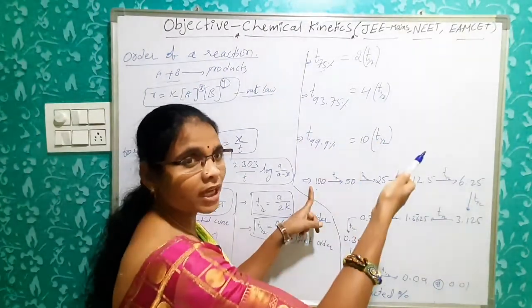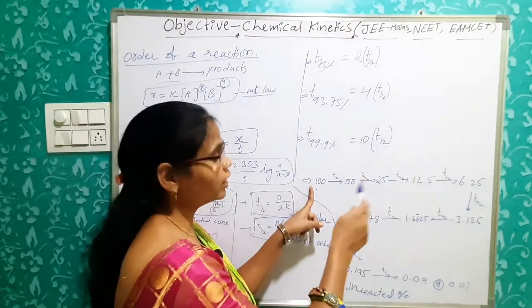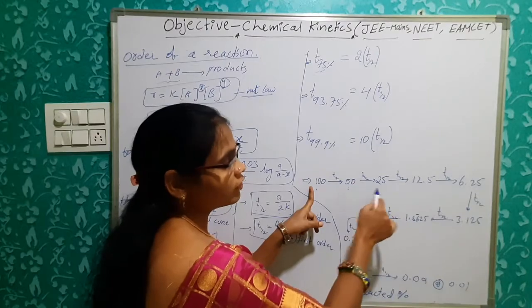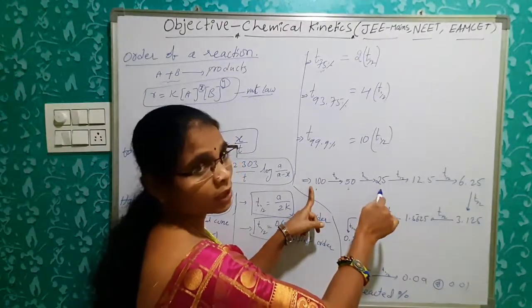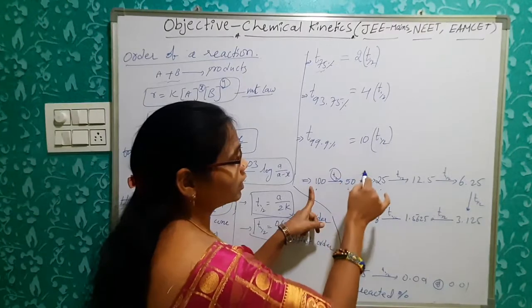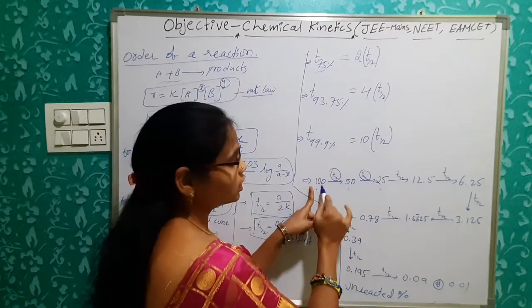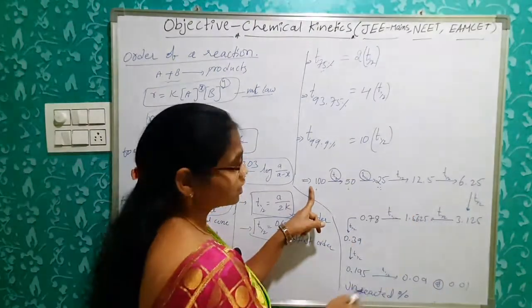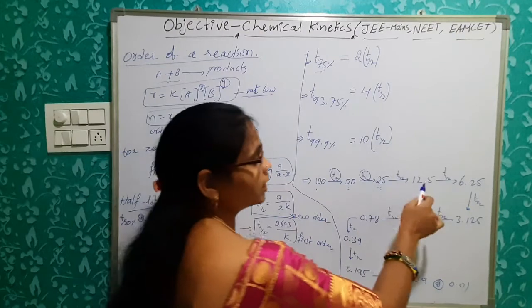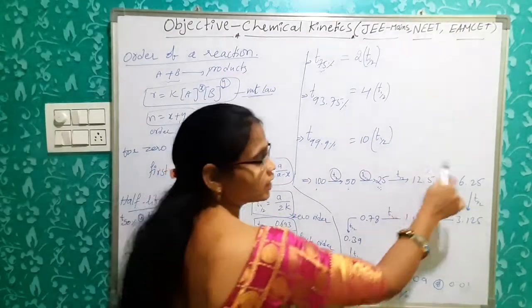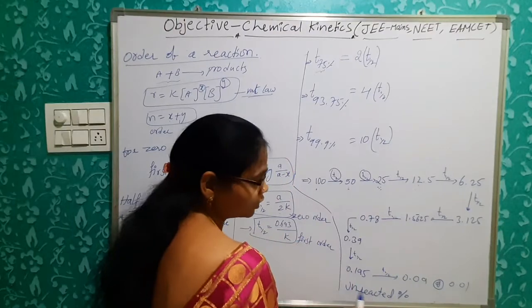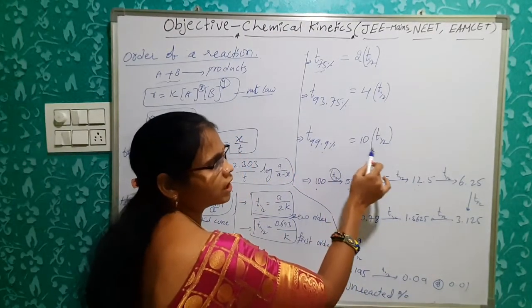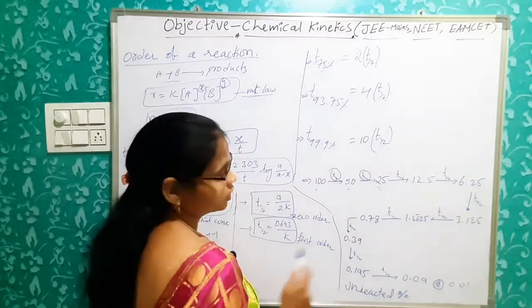So after 2 T halves the reaction is 75% complete and the unreacted percentage is 25%. Then 12.5%, and so on, up to 10 T halves, so T 99.9% equals 10 T halves. Remember this.